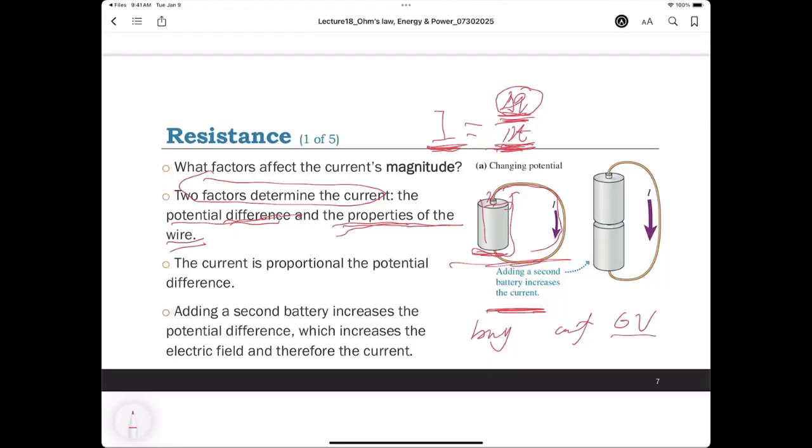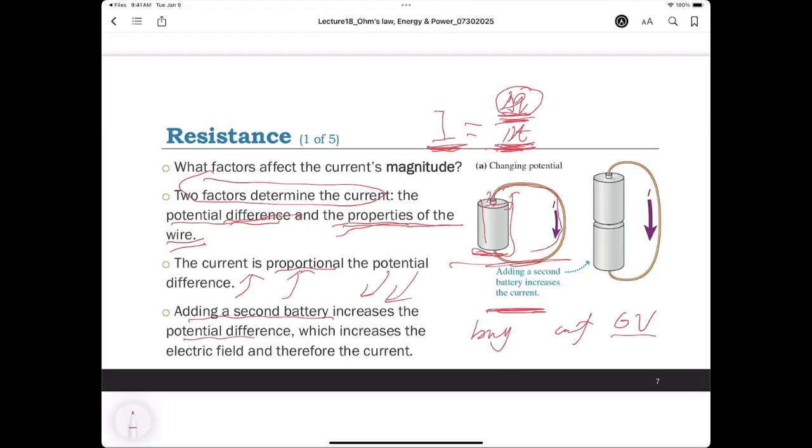Those fixed things determine the current in this situation. The current is proportional to the potential difference, which means if the potential difference is bigger, the current is bigger, and if the potential difference is smaller, the current will be smaller. Adding a second battery increases the potential difference.